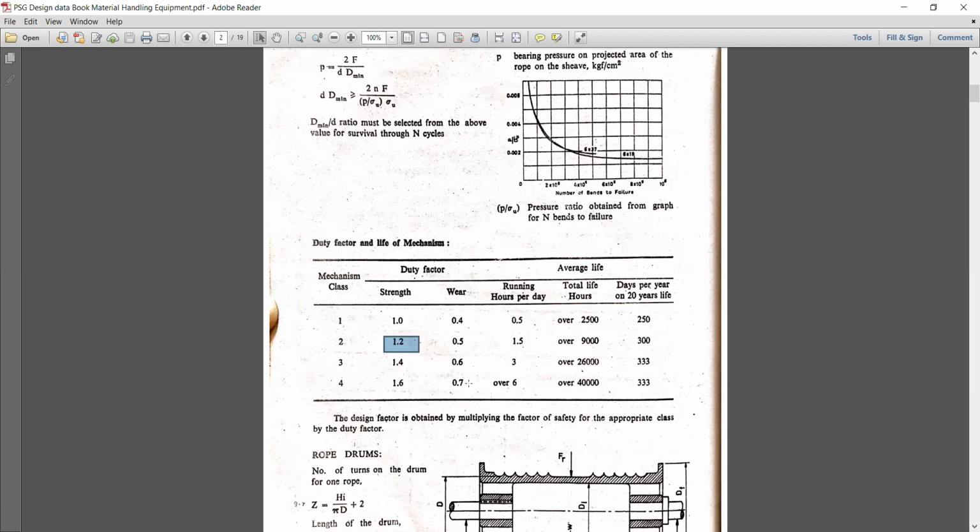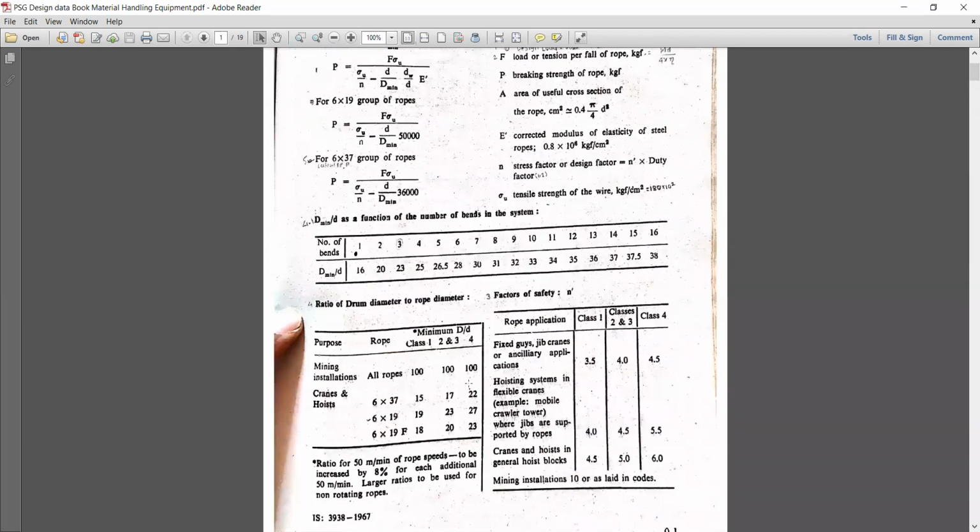Now next one, we have to consider the D by d ratio. There are two assumptions, as we said in the previous problem also, based on the number of bend system. We have considered a 3 bend system, 4 fall and 3 bend system.